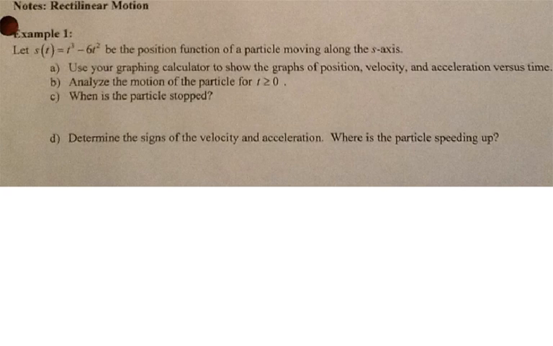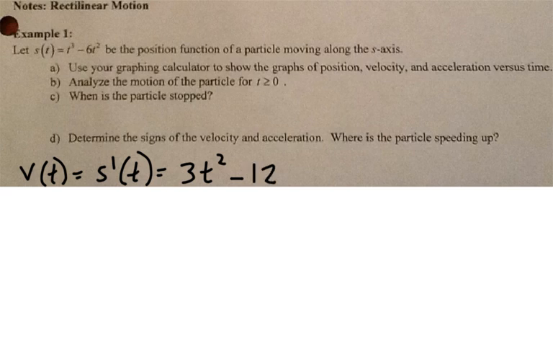So we have our position function, but we need our velocity function. So we're going to get the velocity function by taking the first derivative of the position function. And that's going to give us 3t squared minus 12t.